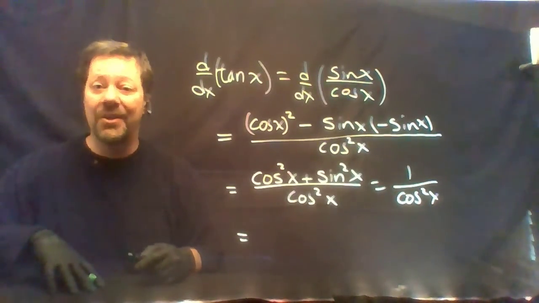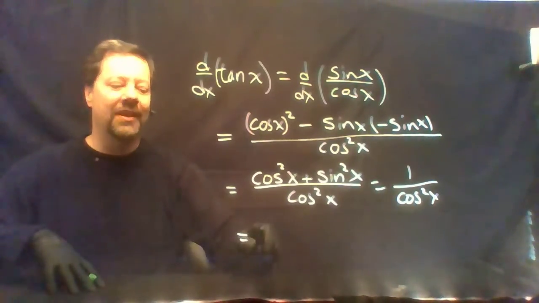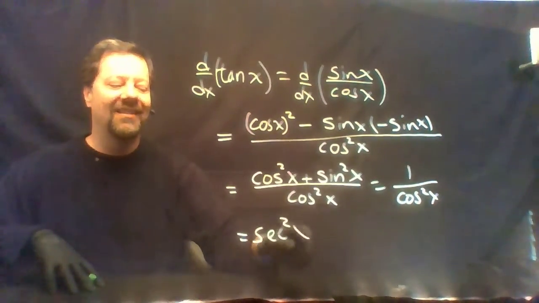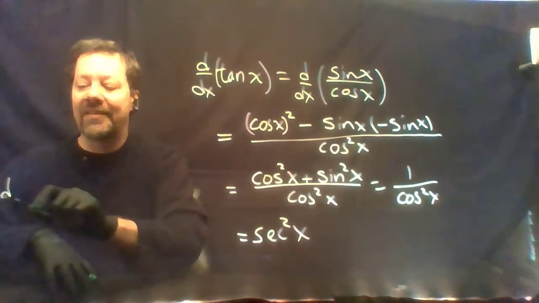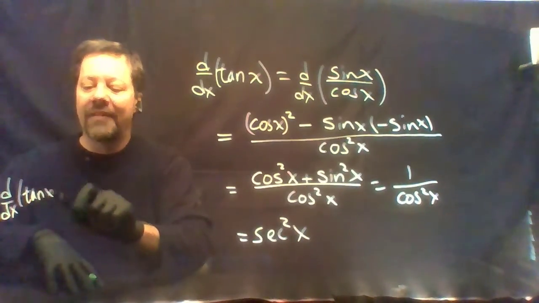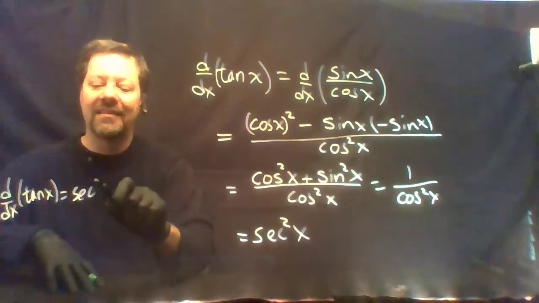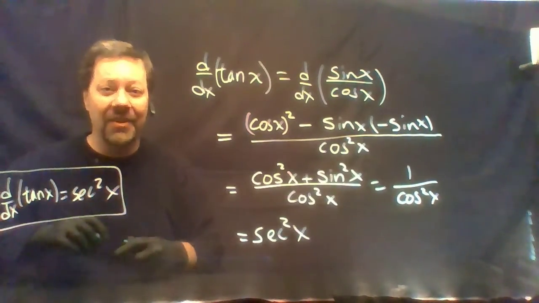Now, by another ratio identity, 1 over cosine is secant. So 1 over cosine squared is secant squared x. So we've shown that the derivative of tan x is secant squared x. I need you to memorize this right now.